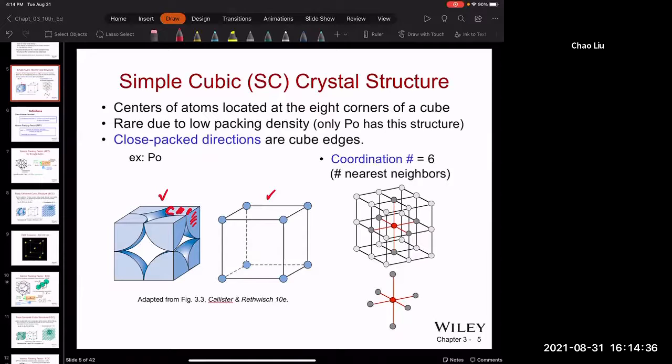So it's 1/8 of an atom. And how many do you have? You have 4 on the top, 4 at the bottom. You have 8 pieces of 1/8 of an atom in total in this cube. That means 8 times 1/8 is equal to 1. So in total, even though it doesn't look like 1 atom in a cell, it actually is 1 atom in a cell.